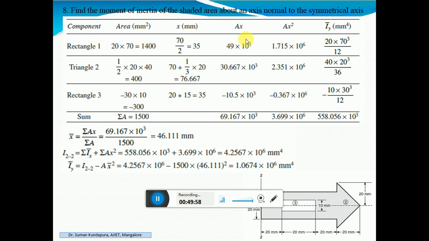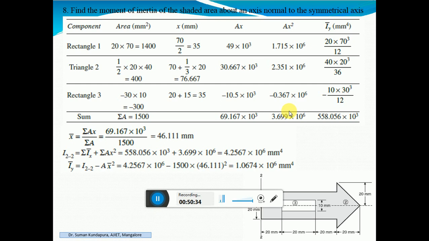Now from this summation AX, what can I find? Summation AX divided by summation A gives me X bar, the centroidal distance for the entire figure with respect to 2, 2. The moment of inertia about 2, 2, that is I22, is equal to the summation of I y bar, plus summation of A into x squared, that is summation AX squared.